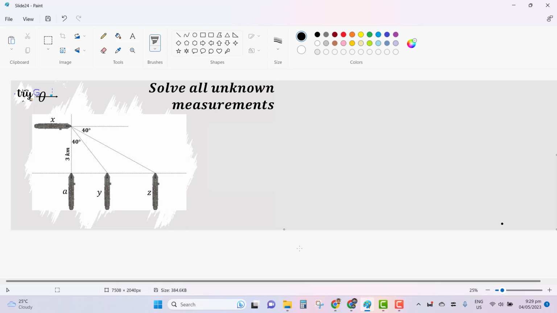It means we are going to solve for number 1, the distance of ship A to ship Y. Number 2, we could also solve the distance of ship Y to ship Z, the angle here, the angle here, the distance of the tip of ship X to ship Y. We also have this one here. We could also solve this and all other parts that can be solved in accordance with our given figure.